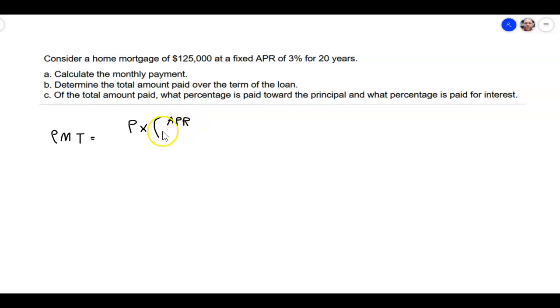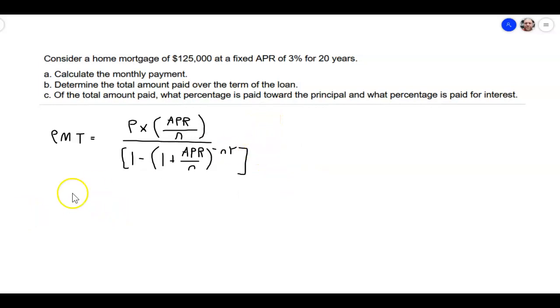We did a couple of these in class, all over the N, that's the number of periods per year, all over 1 minus 1 plus the APR over N, raised to the negative N times Y, and then we close that. So there's our formula there.